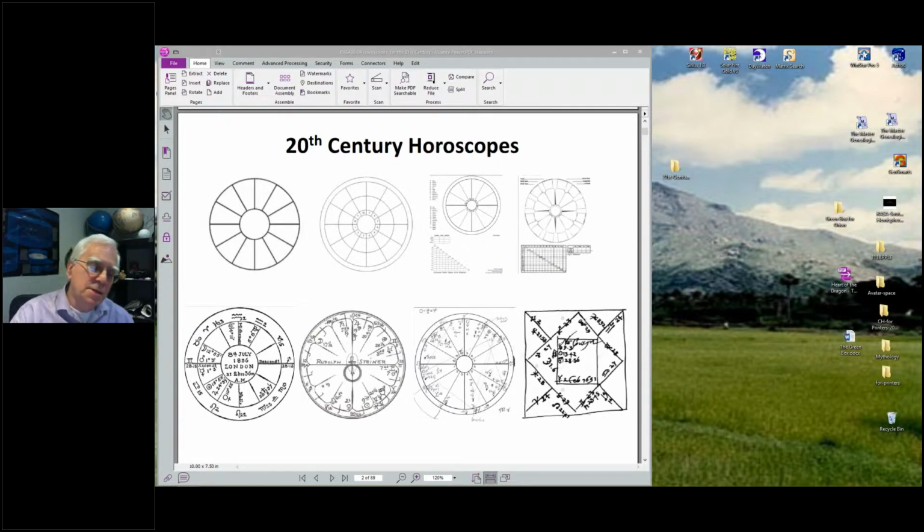So you have brought the signs in as an extra factor. Then the next chart, same thing, just a little more matter of fact: straight 12 houses with a circle in the middle for the data, and a second circle for the house cusps, or signs on the house cusps. So this was basically how it was done.